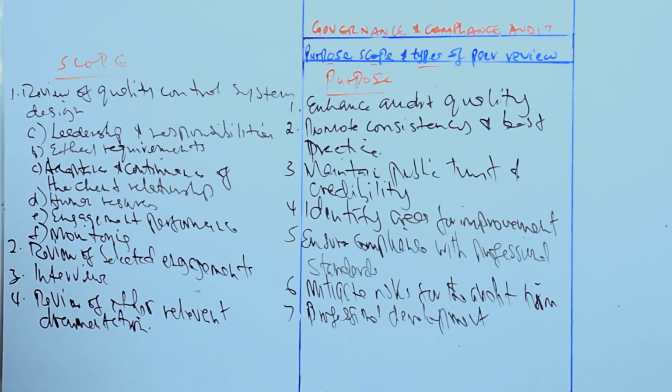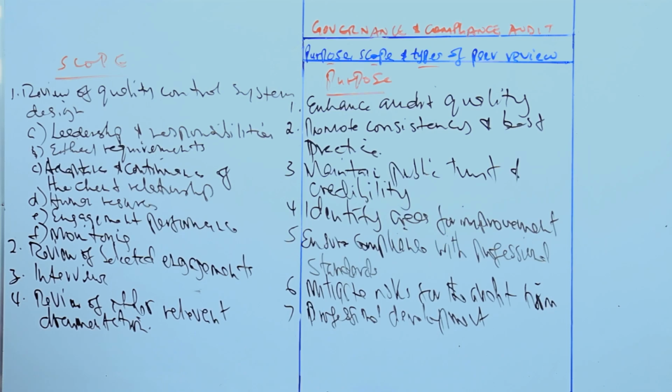Review of other relevant documentation, like training records of audit personnel, like independence confirmations, like the firm's methodologies or templates or checklists for governance and compliance audit.